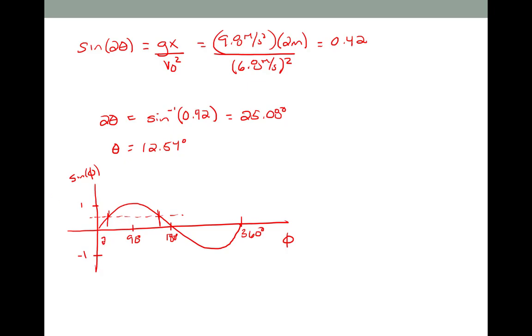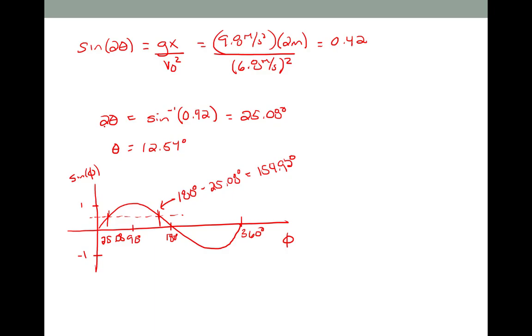We just found this one, 25.08 degrees. But that means that there is a second possible angle. And that second possible angle right here, remember symmetric about 90 degrees, is going to be 180 degrees minus 25.08 degrees, which equals 154.92 degrees.